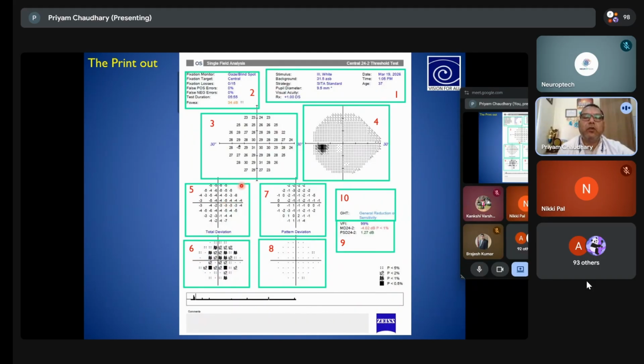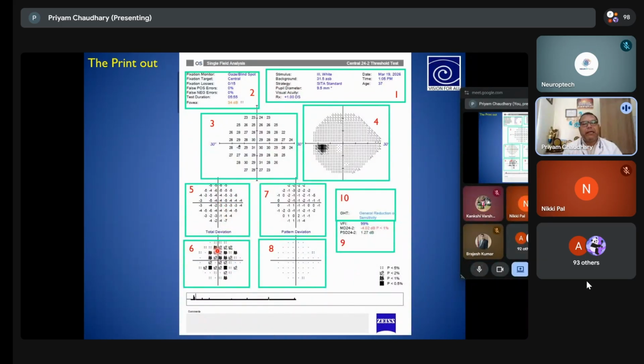So this is the total deviation. The machine has the normative data for all ages up to 100. The machine compares the normative data to the patient's response, the patient's threshold, and gives us the total deviation.